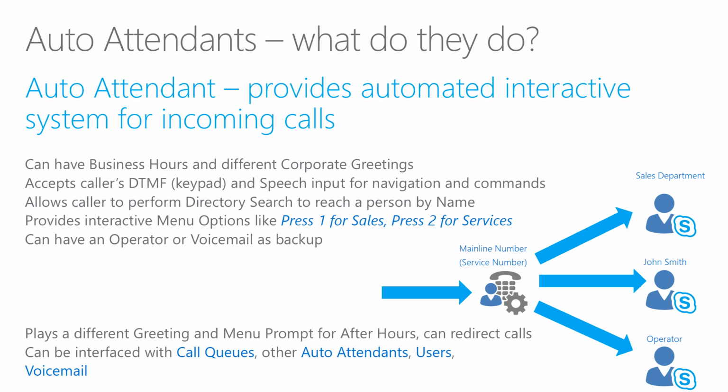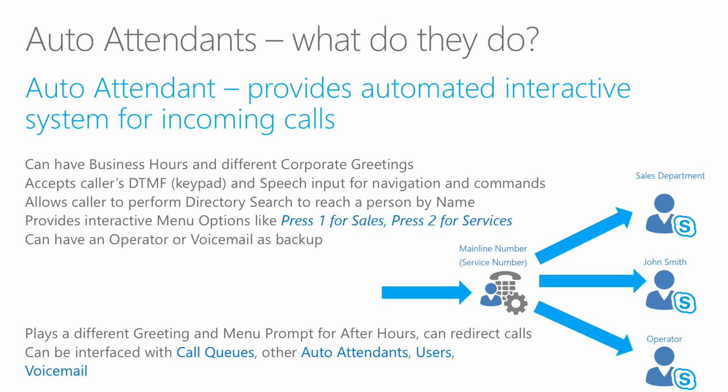So what do they do? It's an automated interactive system for incoming calls. If you look at the picture, you can see a call come into the mainline number. Please note that the mainline number must be configured as a service number. And we'll talk a little bit more about that later on. This auto attendant will then ask some questions like name the department you want to be assigned to, or name the person you want to be connected to.